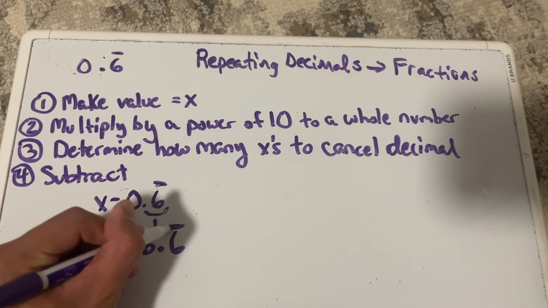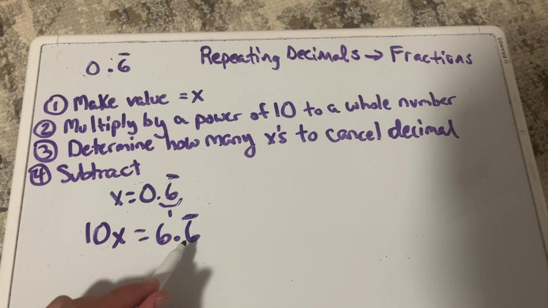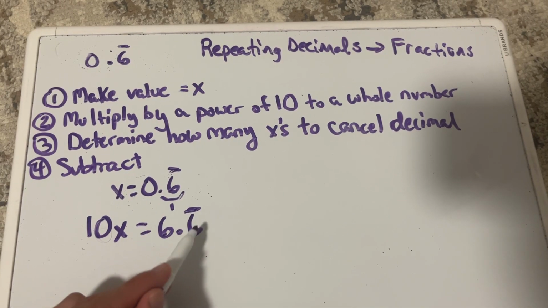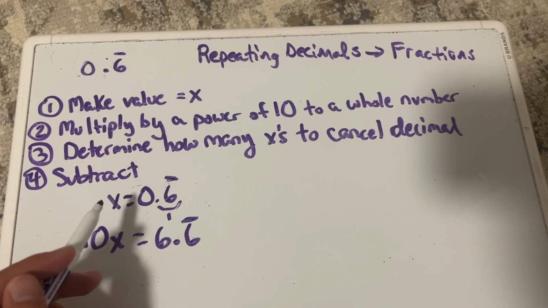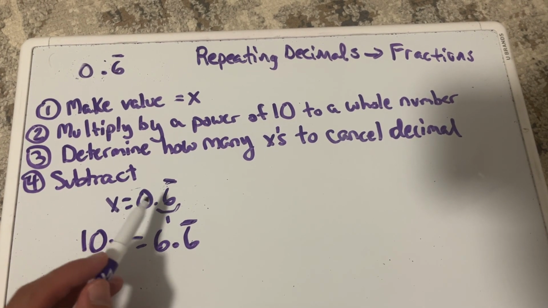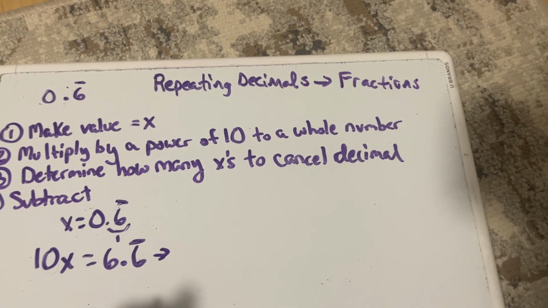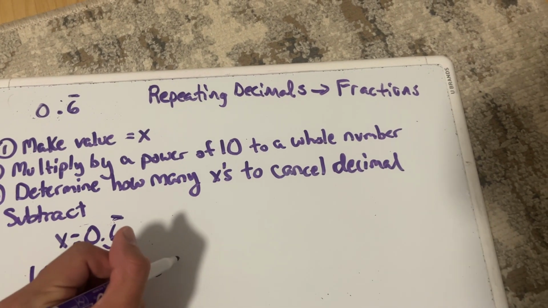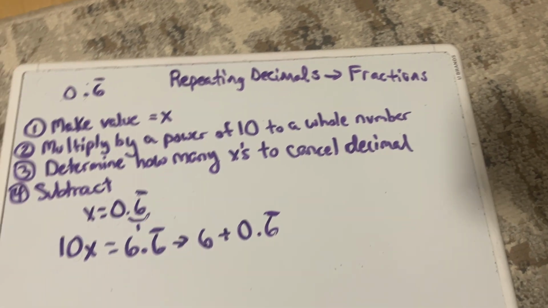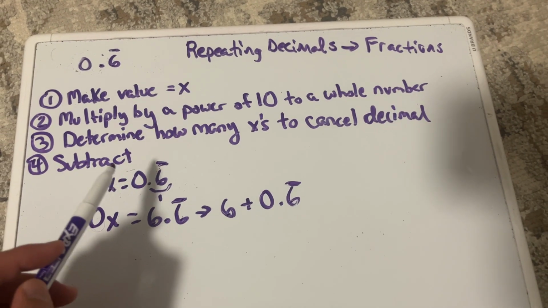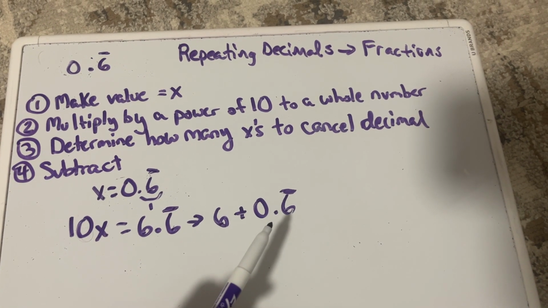6.6 repeating. And now, since I want to take away that 0.6 repeating, I want to get rid of that repeating decimal here. I am going to see how many of these x's, how many 0.6 repeatings, it takes to get there. If we remember that 6.6 repeating is just 6 plus 0.6 repeating. So how many x's do I need to take away to get rid of this 0.6 repeating?